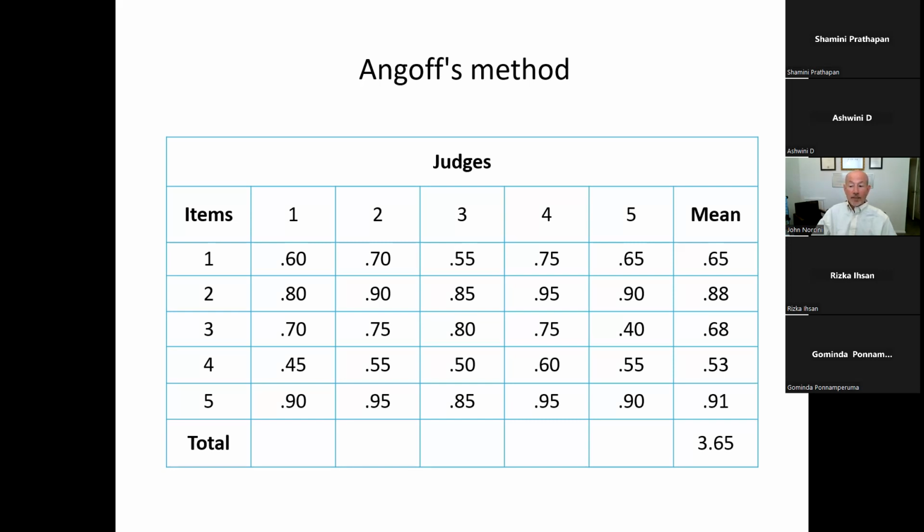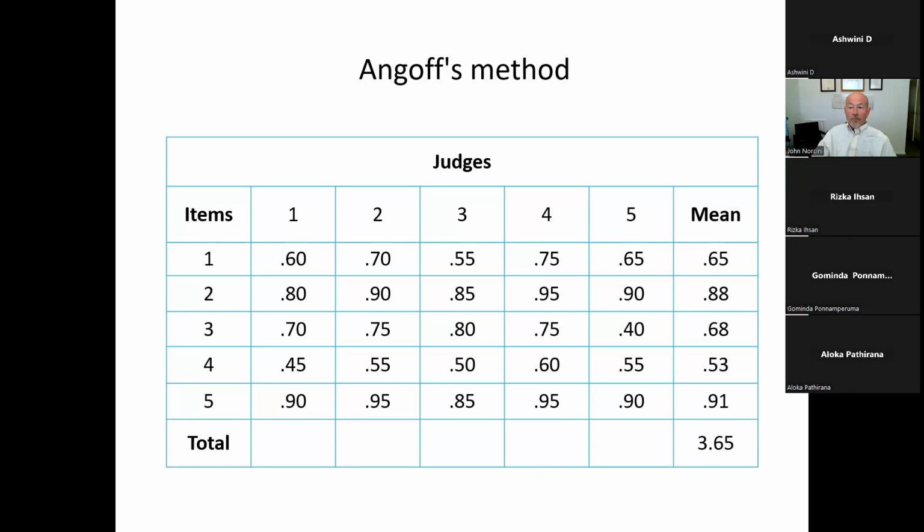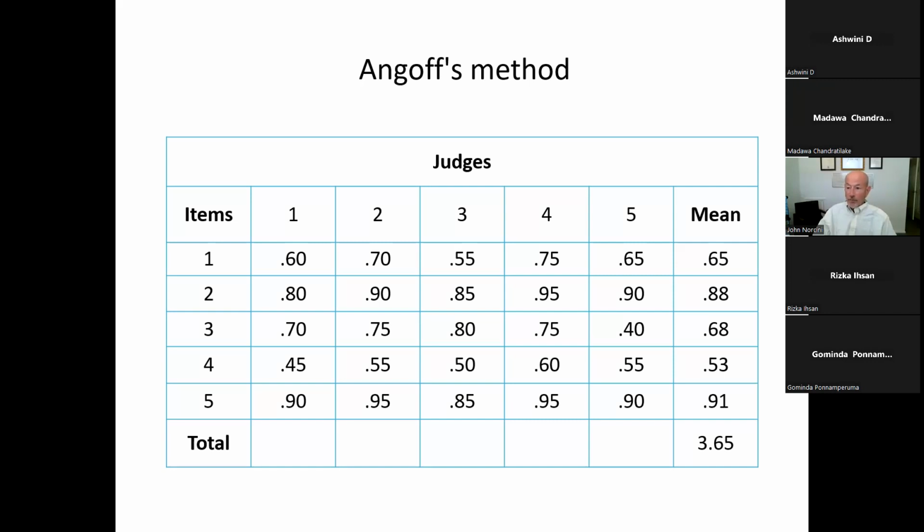So they gave it a lower rating. Item 2, for example, they thought was very easy, and so they gave it a higher rating, a higher evaluation. Okay, thank you. Sure.